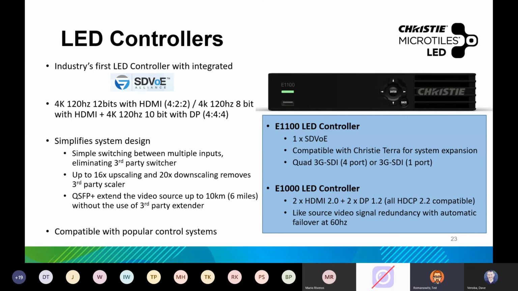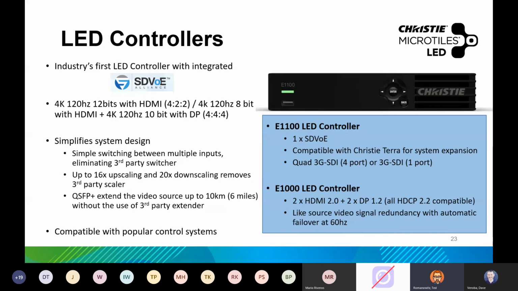So, the E100 has dual HDMI and dual DisplayPort. Both are HDCP 2.2 compatible, and it gives you input failover, from HDMI 1 to HDMI 2, as well as DP1 to DP2.